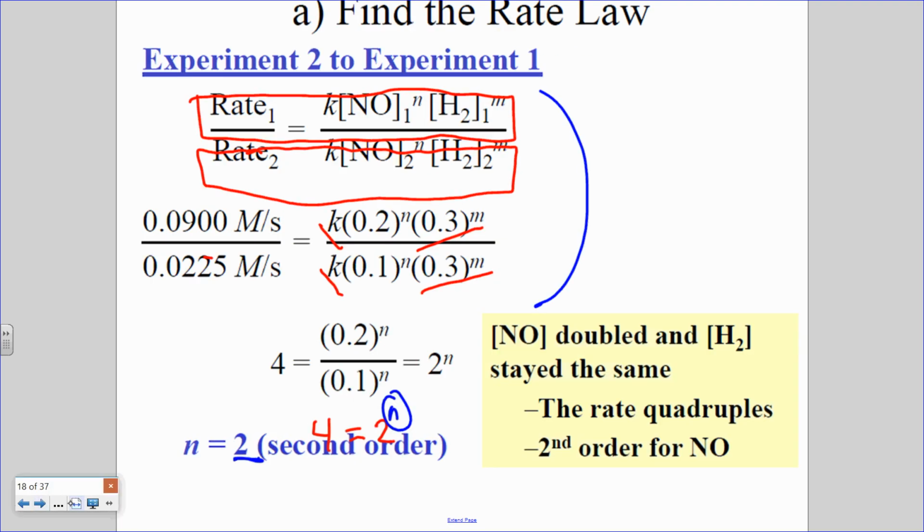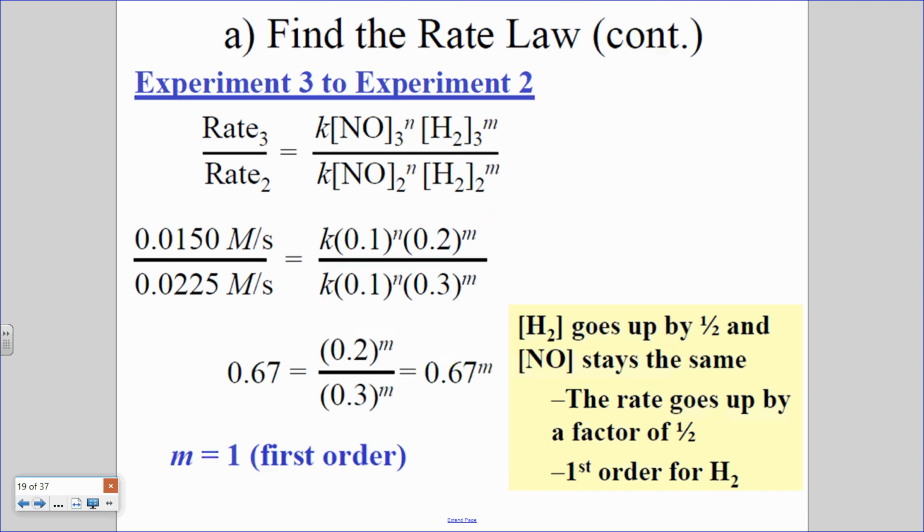So if we set that up just as we did before, you do the rate of experiment 3, and write the rate law for experiment 3, over the rate of experiment 2, and this is the rate law for experiment number 2. Now, if you did 2 over 3 instead, it's fine. In fact, it might be even easier than the way it's set up here. I probably would have flipped it. I kind of like the bigger number on top, but it doesn't matter.